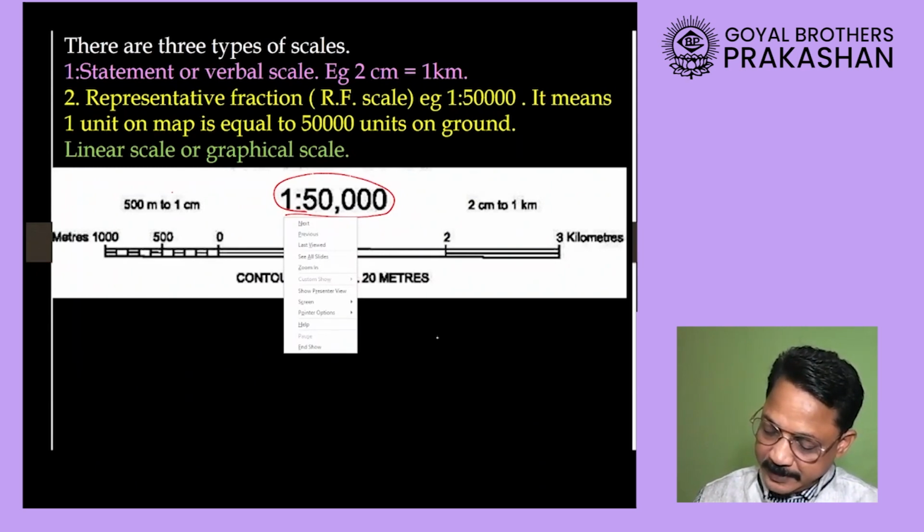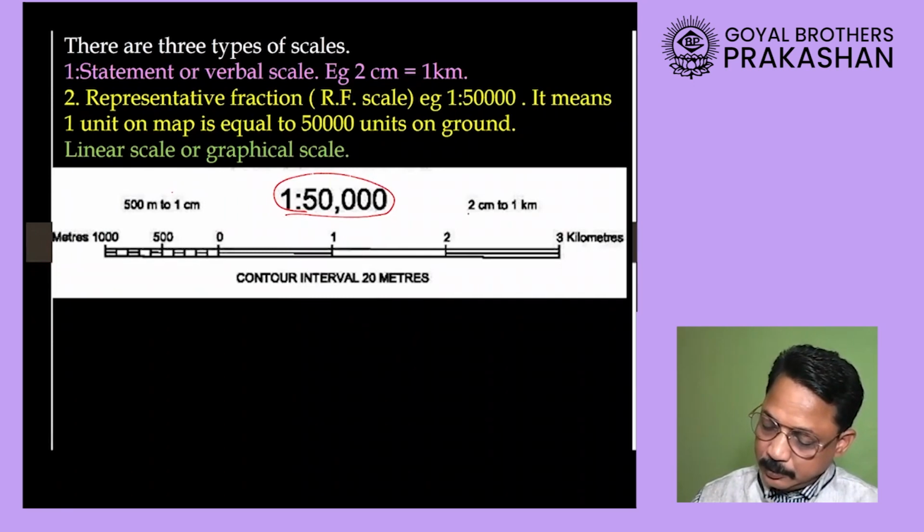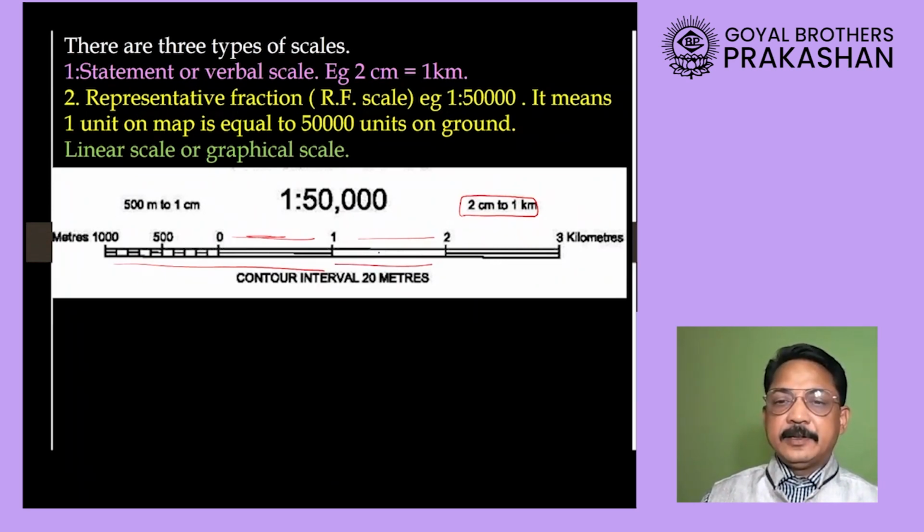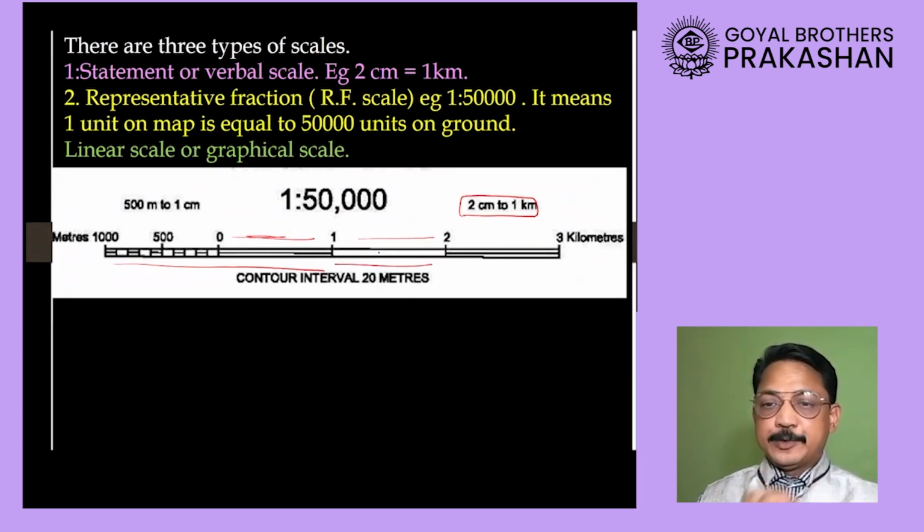Then here you will find 2 centimeter to 1 kilometer is written, and here you will find something drawn below, 0 to 1, some distance is there, 1 to 2, some distance is there. So in this way we find that there are three types of scales.